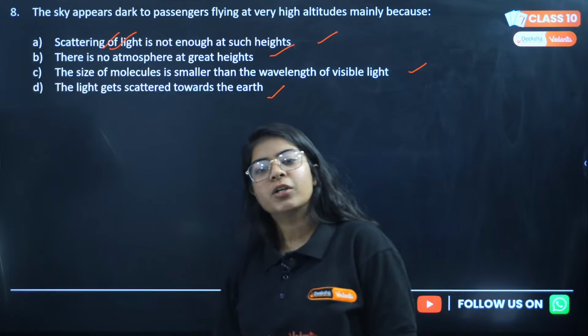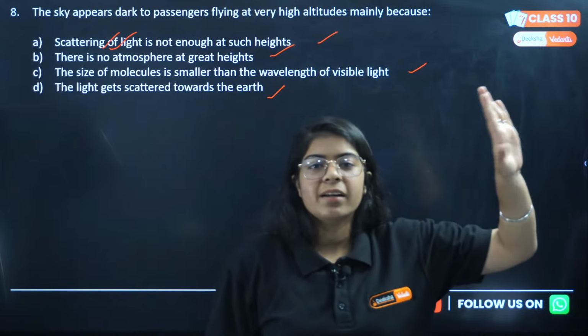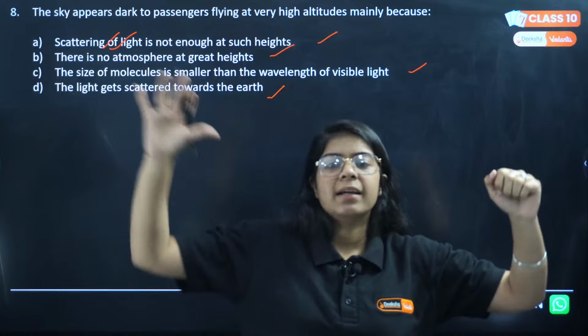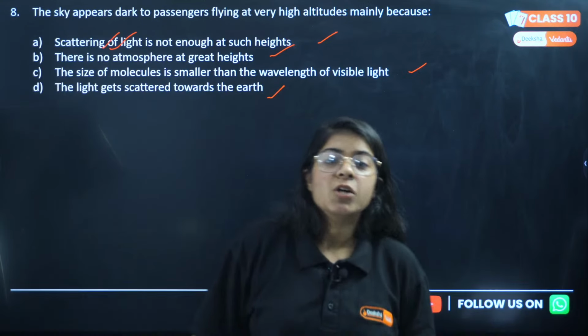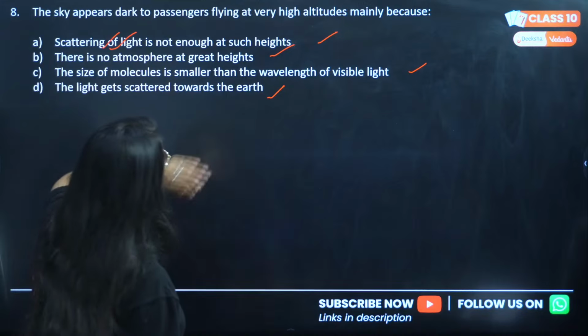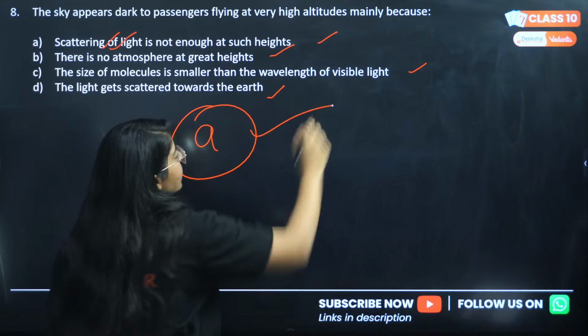There are molecules, there are particles, but obviously if the light is scattering from 100 particles, it will be a bit darker than if it is scattering from 200 or 300 particles, correct? So at great heights there is not much scattering. So A is the correct answer.